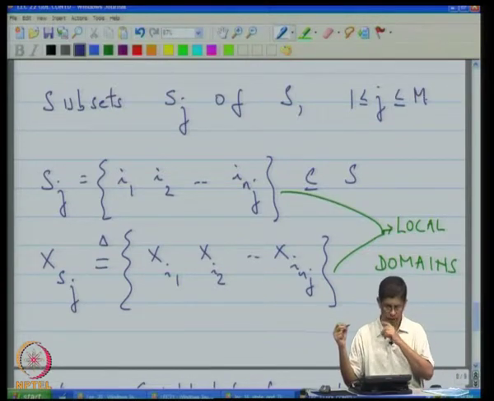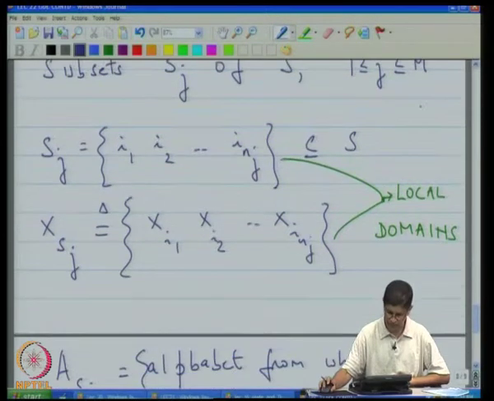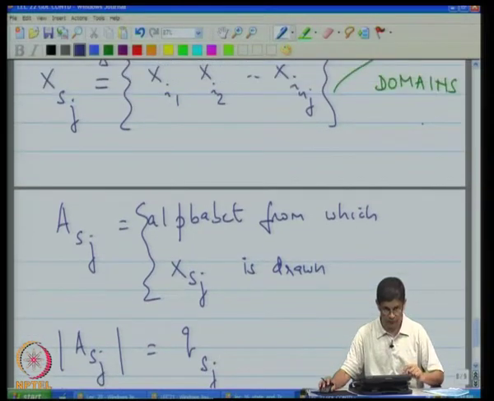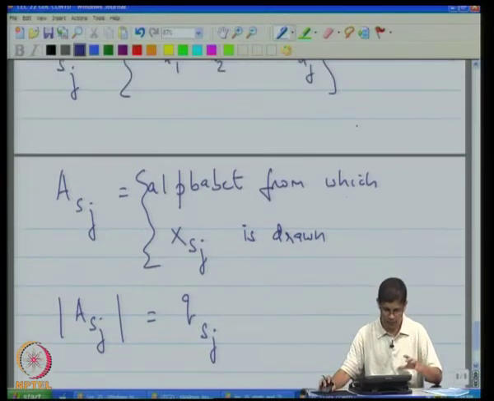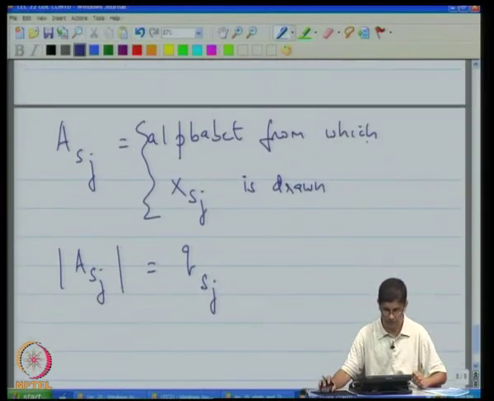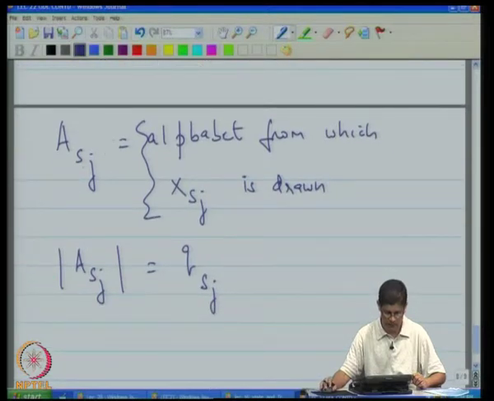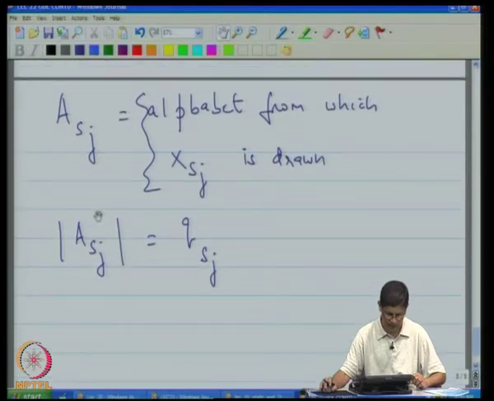So, there are m of these subsets, and we have introduced some notation to talk about the alphabet of the associated subset of variables. So, this is the alphabet of the jth local domain, and that alphabet has this size.